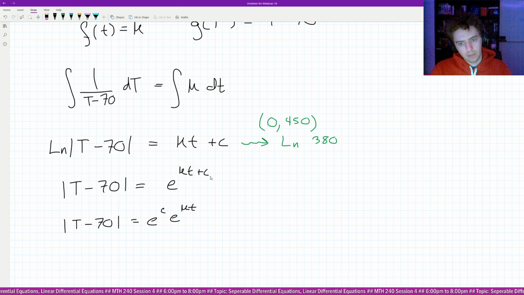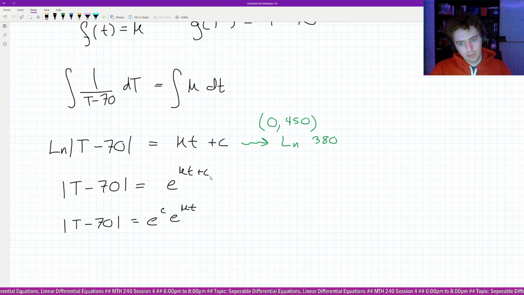So subtract 70 from both sides, so it's going to be 430 minus 70 over 380 equals e to the 10k. This is 360, sorry. 360 over 380 equals e to the 10k.